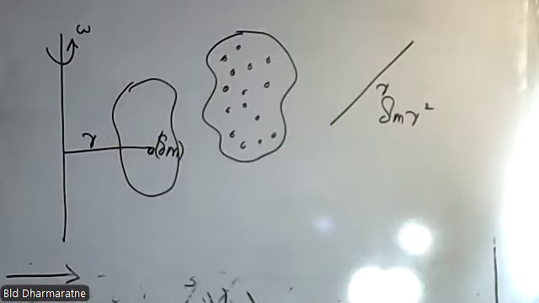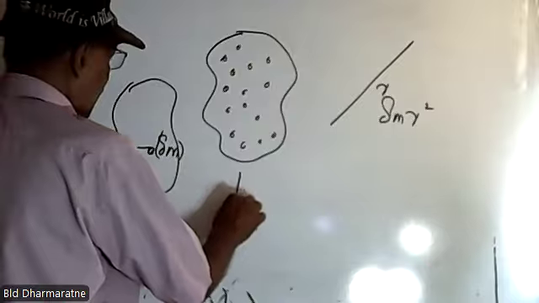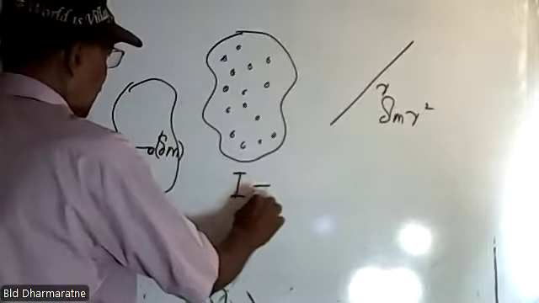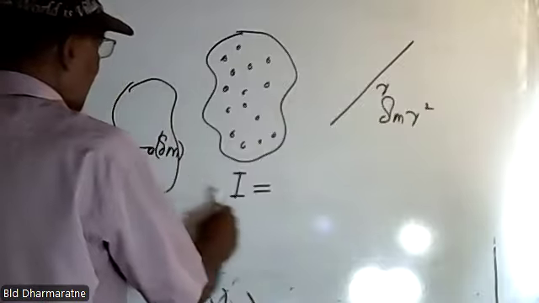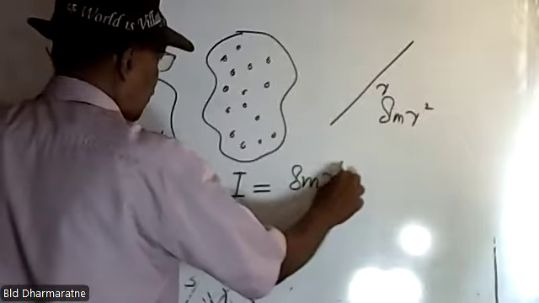Then the moment of inertia is denoted by I. I is equal to delta m, the mass, into r squared.